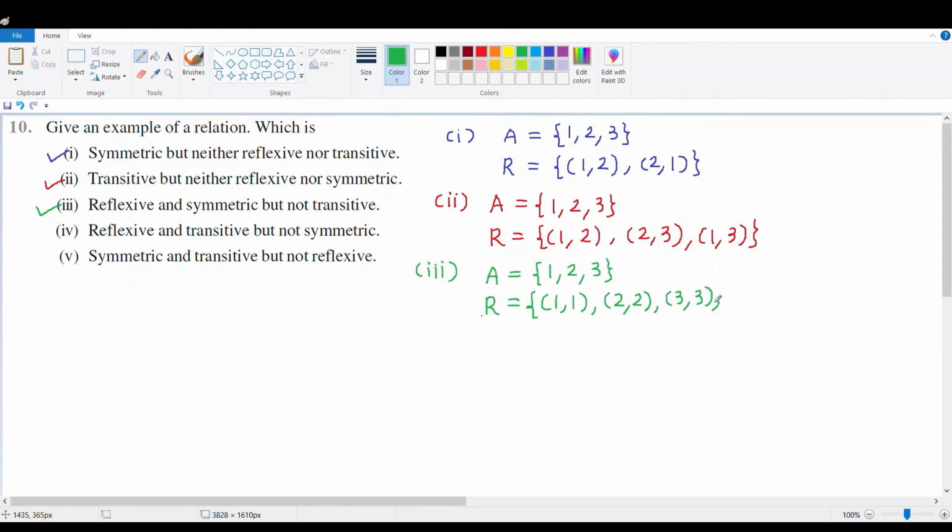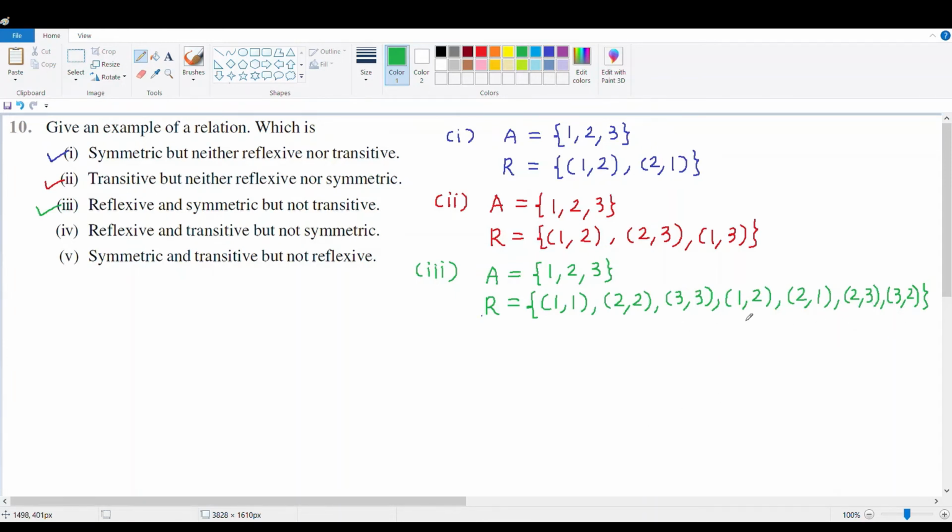Now it must be symmetric as well. So if I write (1, 2), I must have (2, 1). Then if I write (2, 3), I must have (3, 2), because it is symmetric.